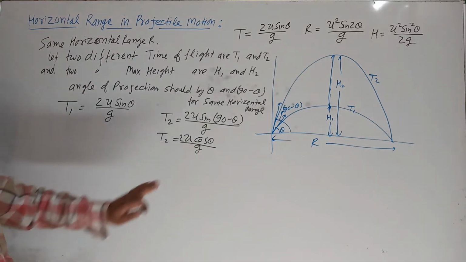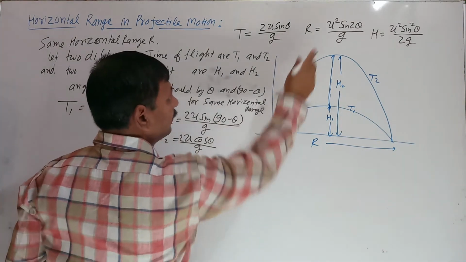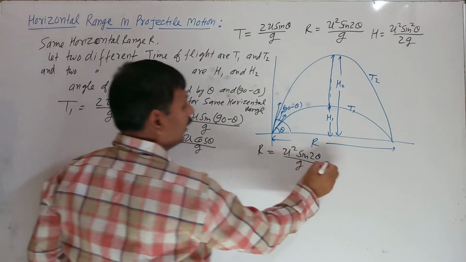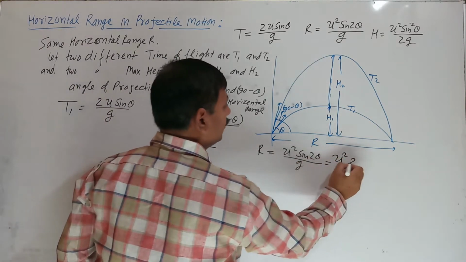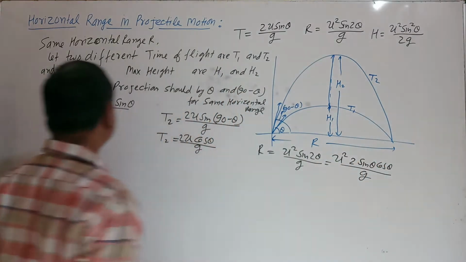What will be the range? Range is u square sin 2 theta upon g, or you can say u square into 2 sin theta cos theta upon g.